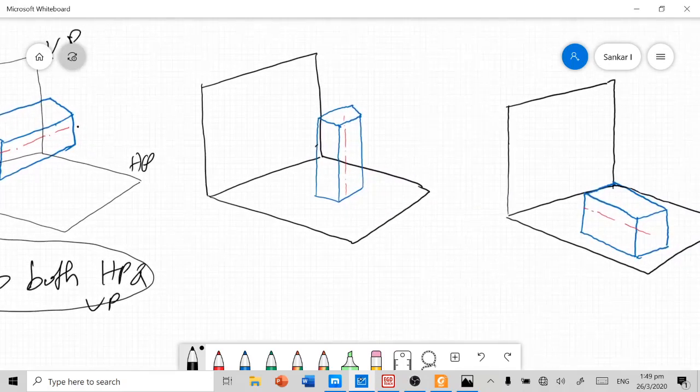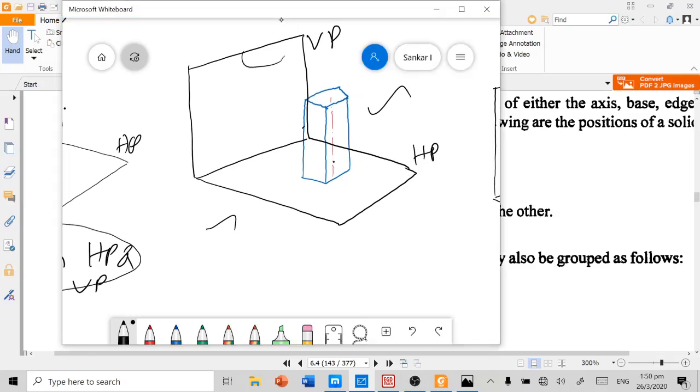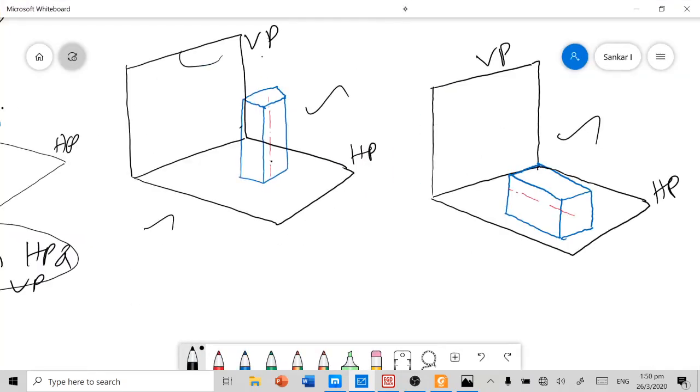And you can see here, these two cases are coming under the same category, that is solid axis parallel to one plane and perpendicular to another plane. See this one here, the solid axis is parallel to VP and perpendicular to HP.